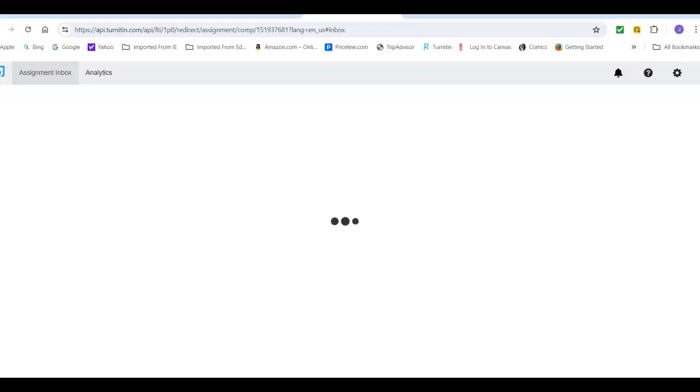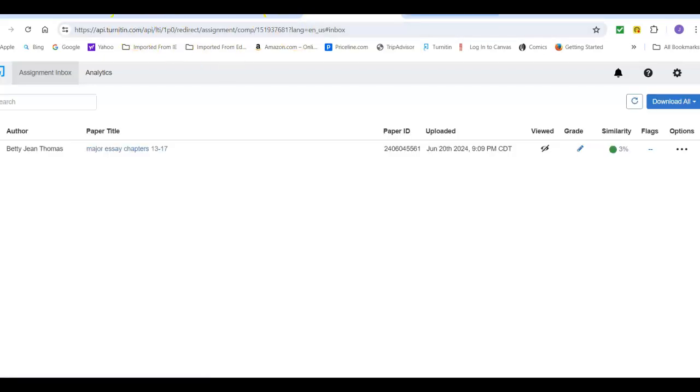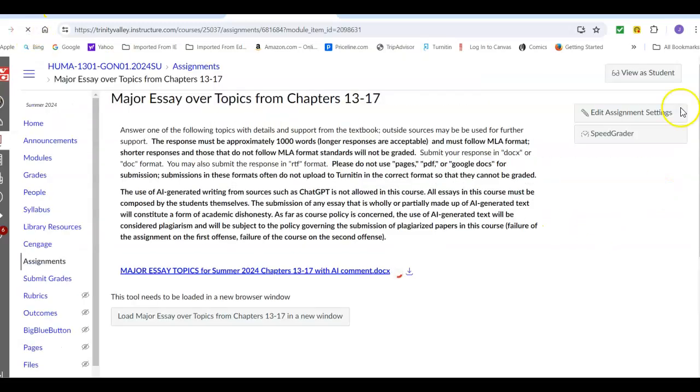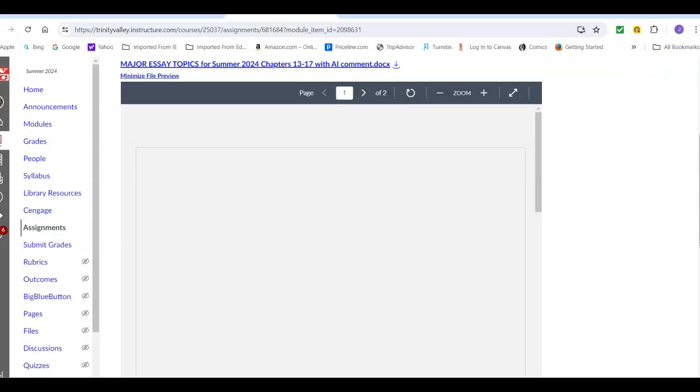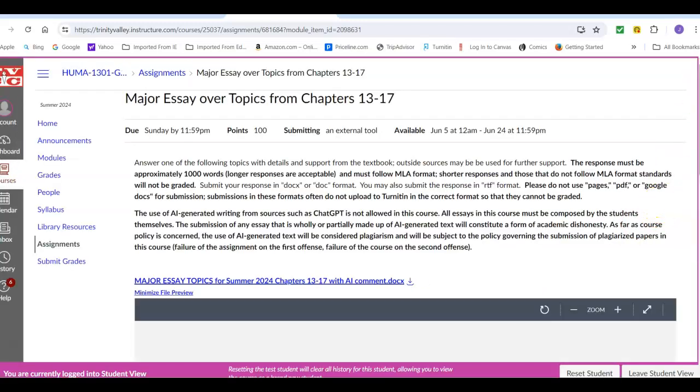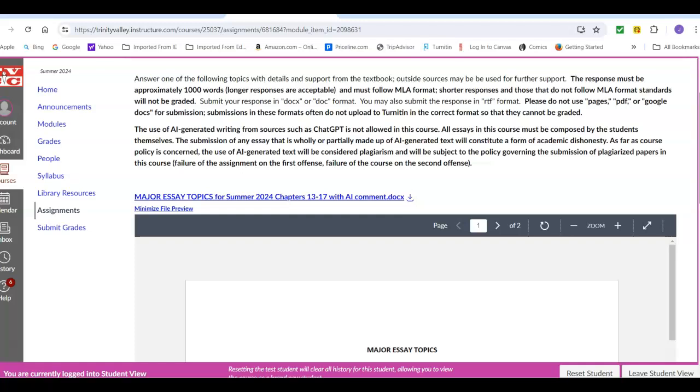When I open this, you'll see that someone has already turned one in, but you'll see it has gone to Turnitin, and this is where you will see, let me go to the student view and show you what it looks like. So again, there's the details.